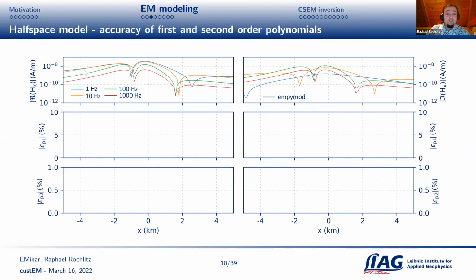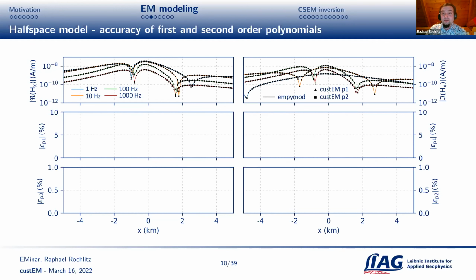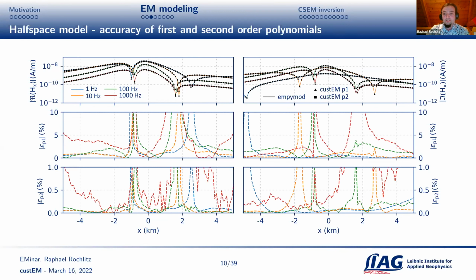If we look at our observation line, for instance, at the horizontal magnetic field component, real part on the left side, imaginary part on the right side, we can see the curves for the 4 frequencies. When we add our custEM results, they fit very well if we only look at the amplitude plots. But if we look at the errors, we see some differences, because this scale goes from 0 to 10%. So the maximum error shown here is 10%, and this is the P1 computation on the fine mesh.